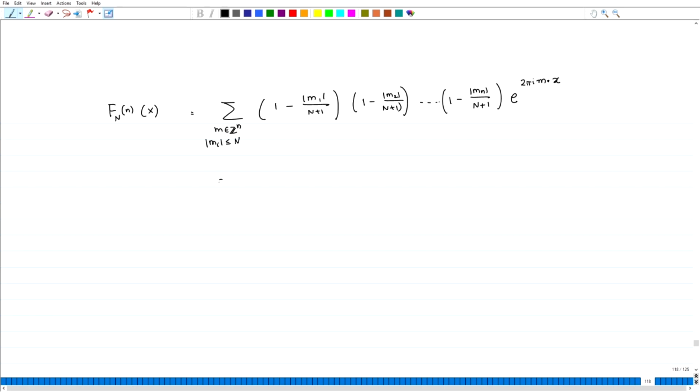Again, with a similar kind of argument as in dimension 1, one can show that this is the product for j equal to 1 to n of sin square of (n plus 1) pi x j divided by sin square pi x j.